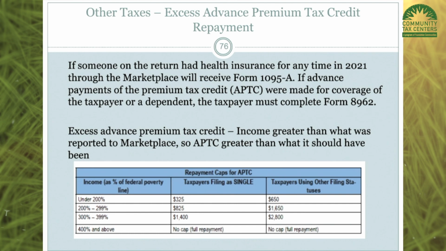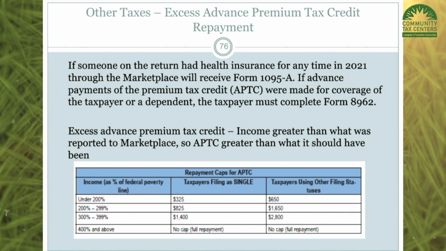Then we have the excess advance premium tax credit repayment. So we talked about some individuals may have to go to the marketplace exchange, which people also know as the Obamacare, to go and find health insurance. These individuals also, based on the income that they've provided, because they are providing an estimated income that they would make for the year, may qualify for a subsidy on there.